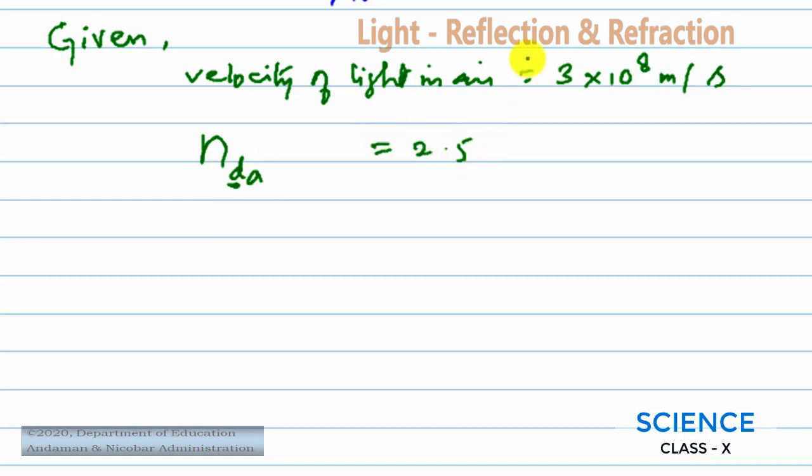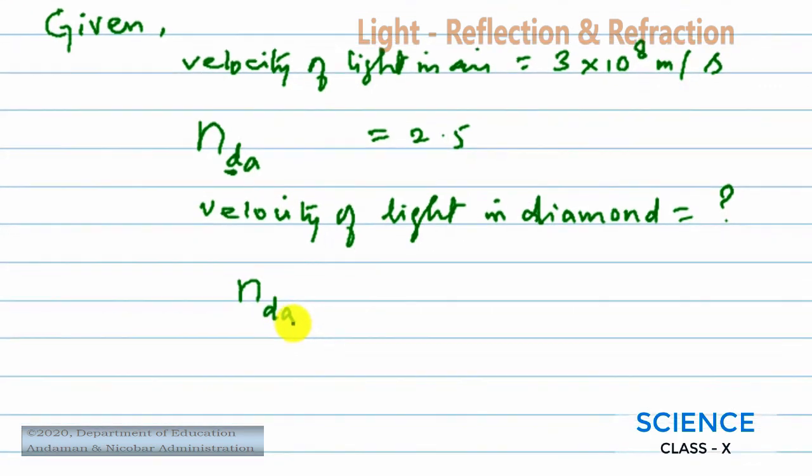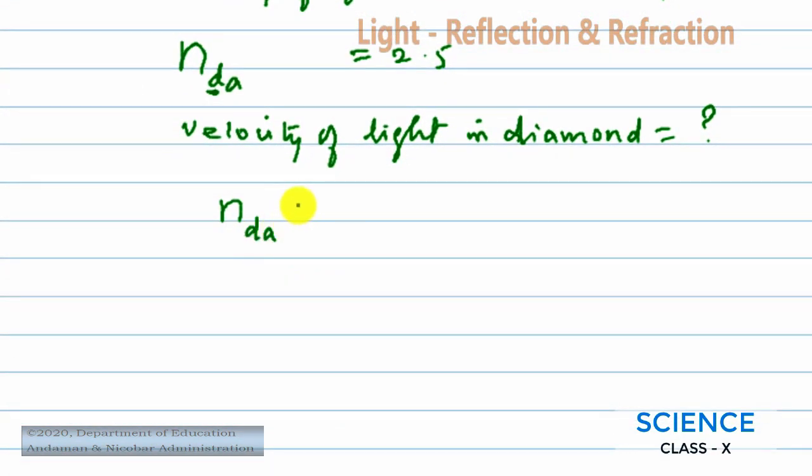Now what we need to find? Here velocity of light in diamond. So that also you can write velocity of light in diamond is equal to, we don't know, we have to find. So by using the formula we know that NDA, that means when the light enters from air to diamond, the refractive index formula we can write like this.